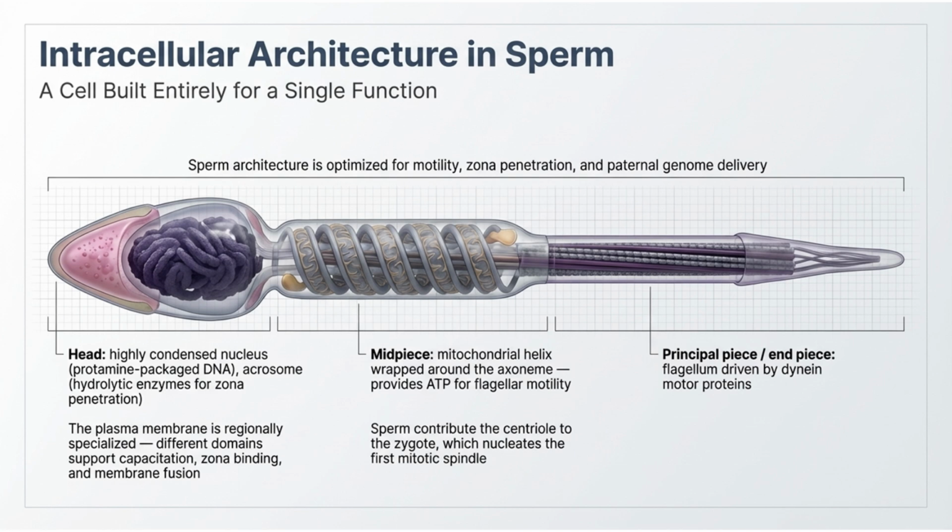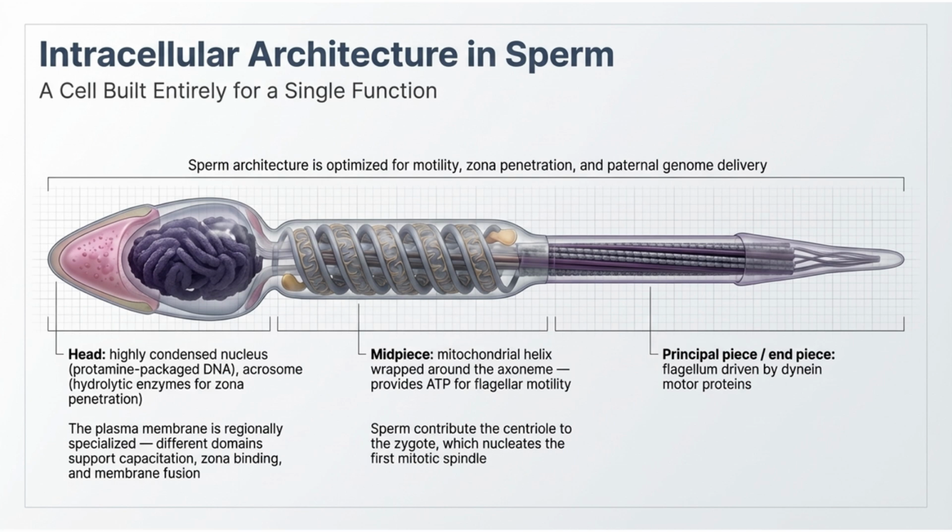This protamine-based compaction achieves a nuclear volume roughly 40 times smaller than a somatic nucleus, reduces metabolic demand, and protects the paternal genome during the journey to fertilization. However, it also means that the sperm nucleus cannot be transcriptionally active, and it must be decondensed, with protamines replaced by oocyte-derived histones after fertilization before the male pronucleus can form.